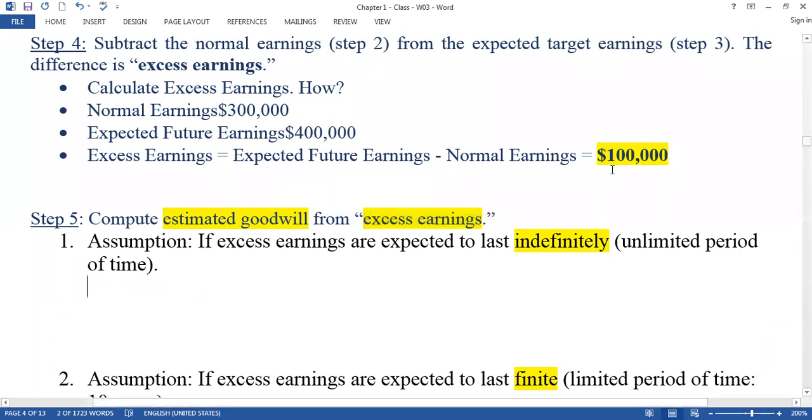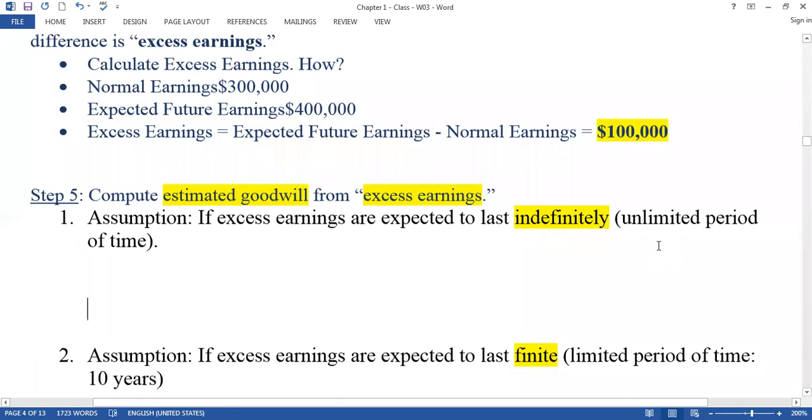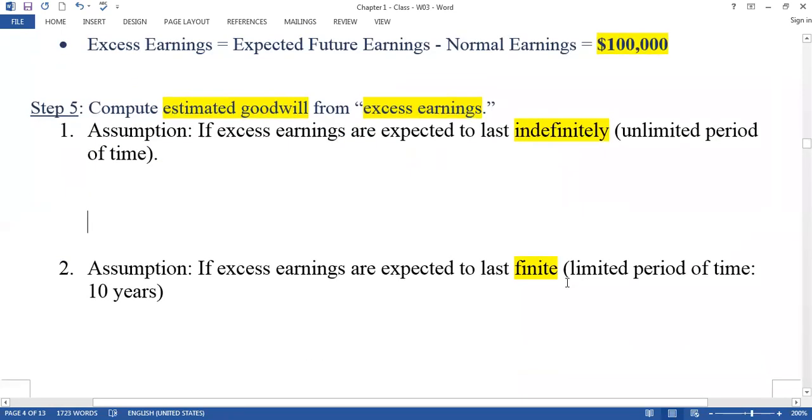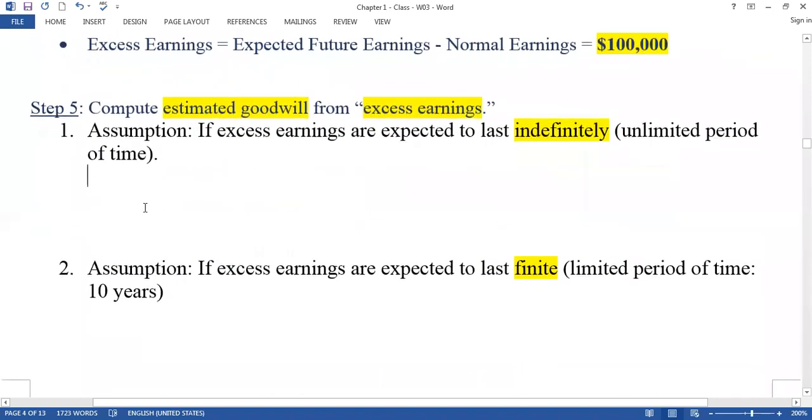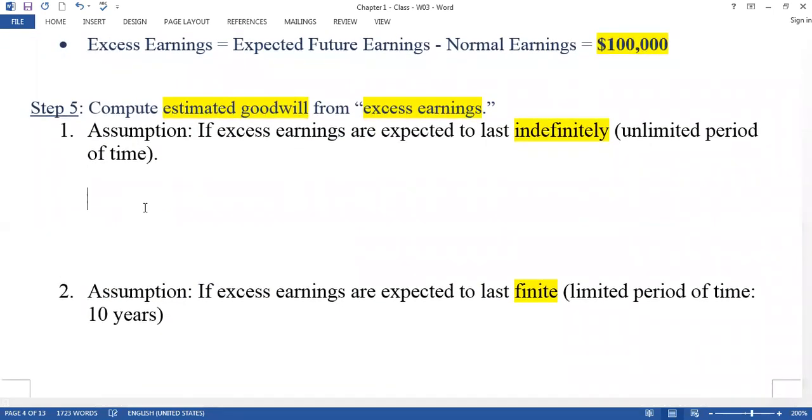This $100,000, we can expect to have $100,000 for an indefinite period of time. Indefinite period of time means an unlimited period of time, or we assume that maybe this kind of excess earning will last for 10 years or 3 years or 5 years, something like this. So there is a limited number, and there is an unlimited number. If it is unlimited, then we have a formula.